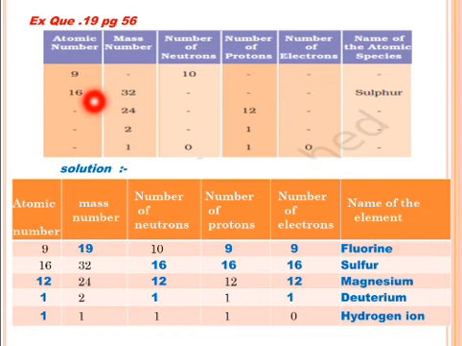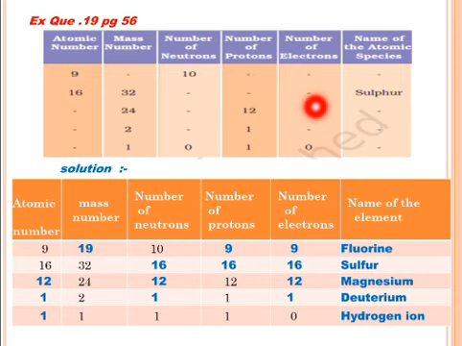Atomic number 16 is given with mass number 32. Number of neutrons, number of protons, number of electrons are not given, and the name of the element, sulfur, is not given. So, what do we have to do now? From the atomic number, we can know the number of protons and electrons.